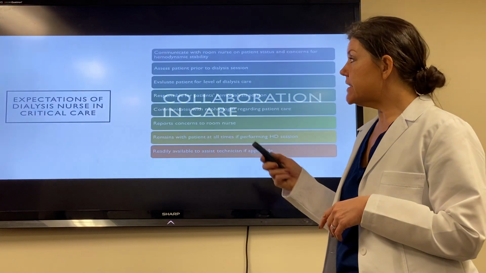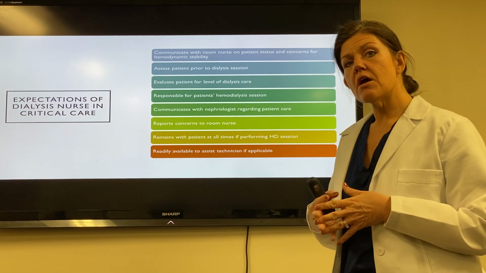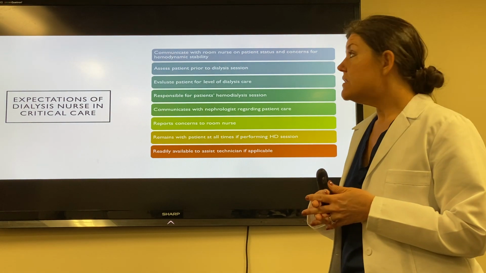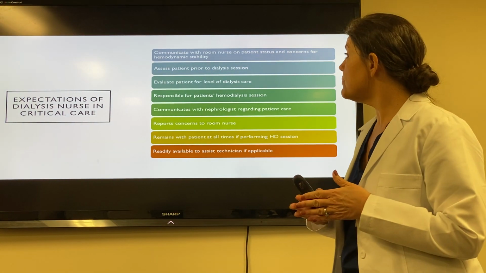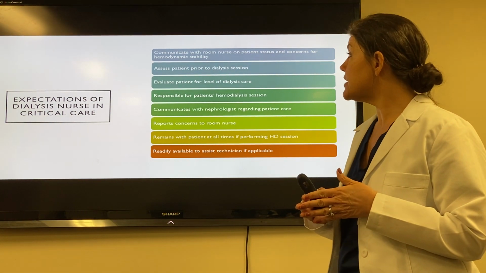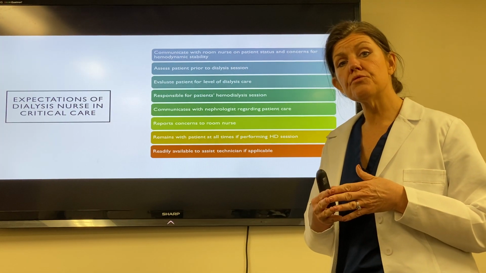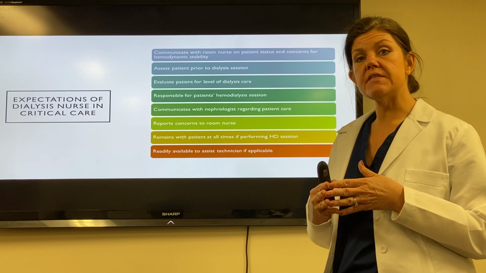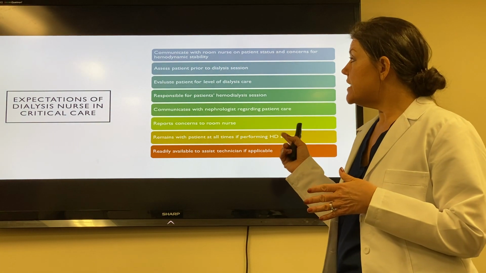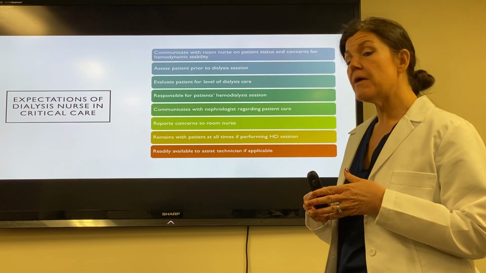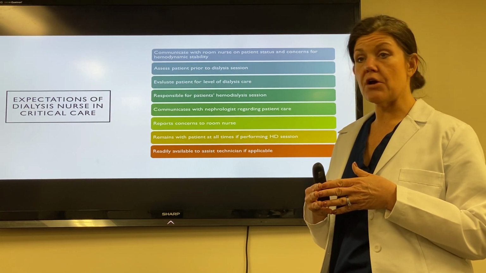So collaboration and care. We'll talk about expectations of the dialysis nurse in the critical care unit. The dialysis nurse should communicate with the room nurse on the patient's status and concerns of hemodynamic instability, as should the room nurse collaborate with the dialysis nurse. They need to assess the patient prior to the dialysis session and evaluate the patient's level of dialysis care.